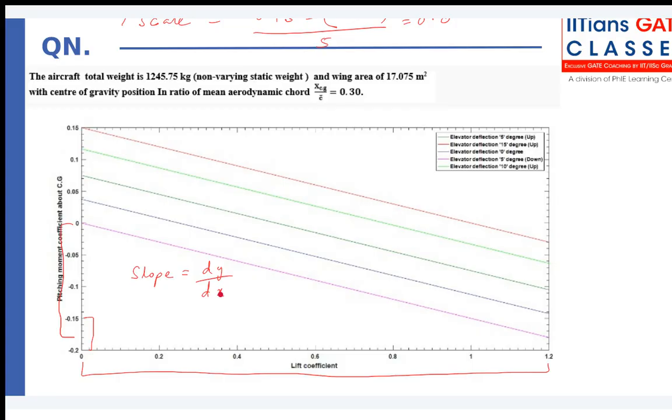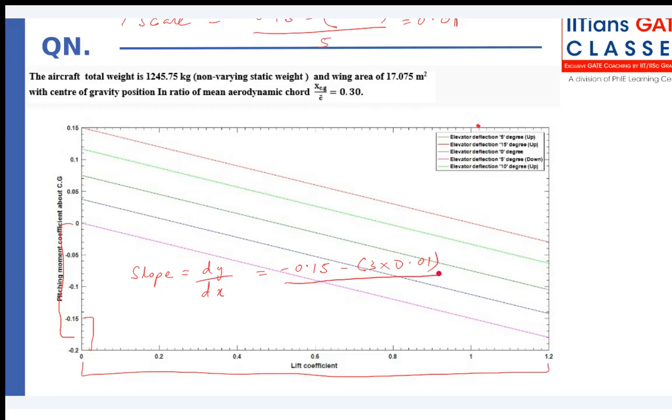Now difference in y axis will be, so you take this quantity and add 3 divisions. So you have minus 0.15 minus 3 into, okay, the slope. Slope was 0.01, divided by dx.